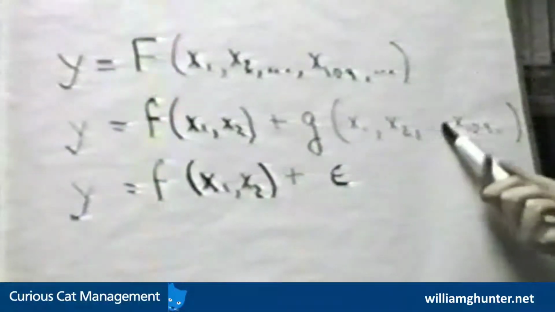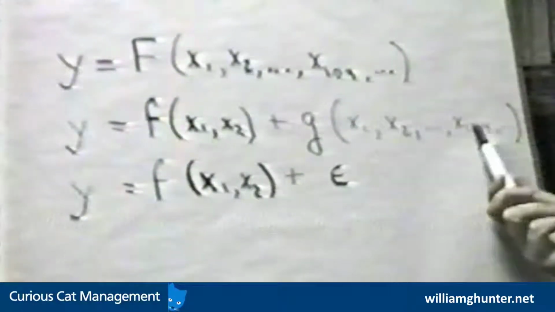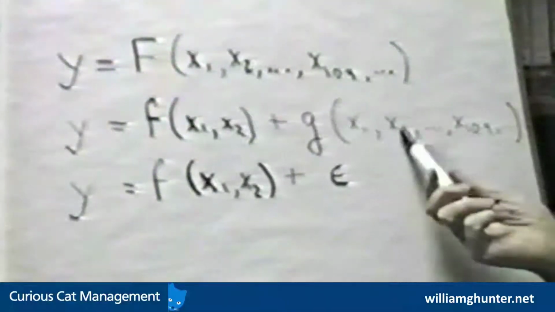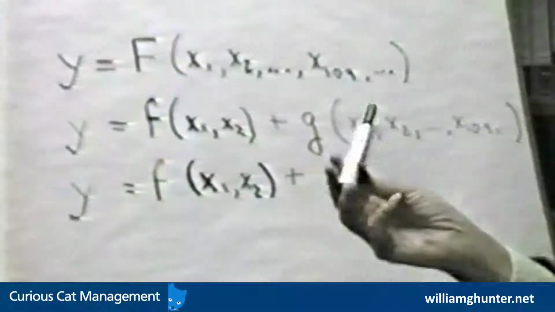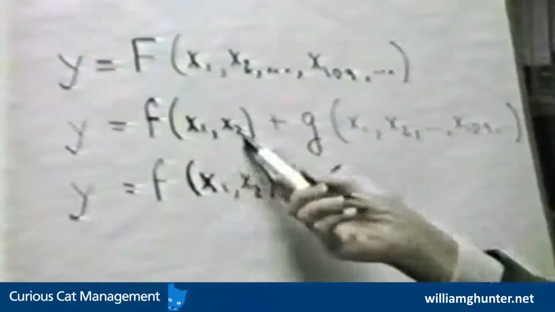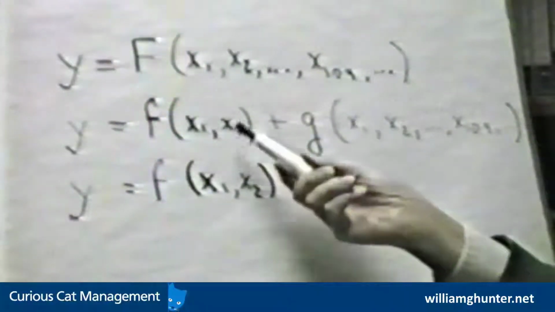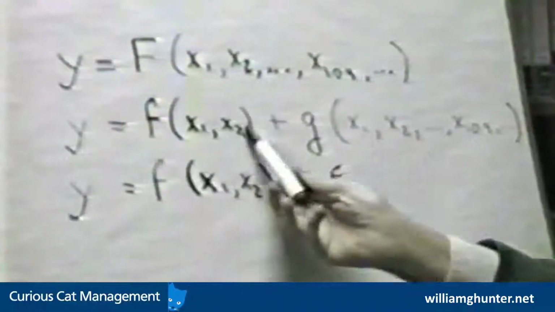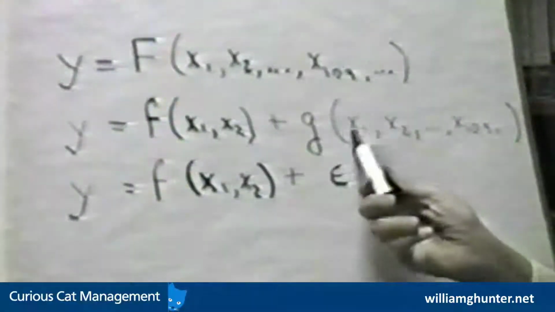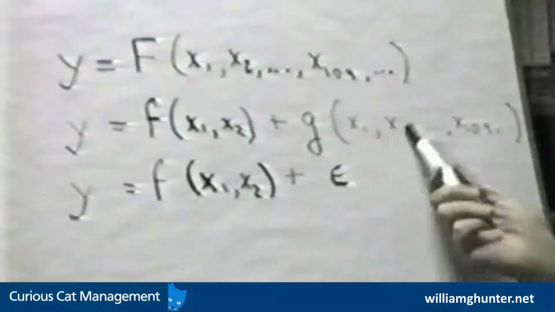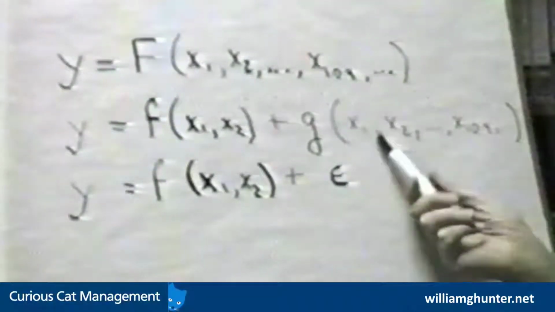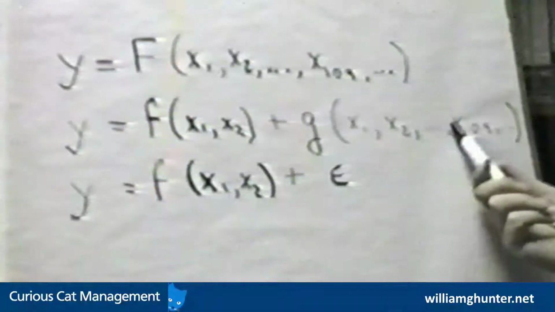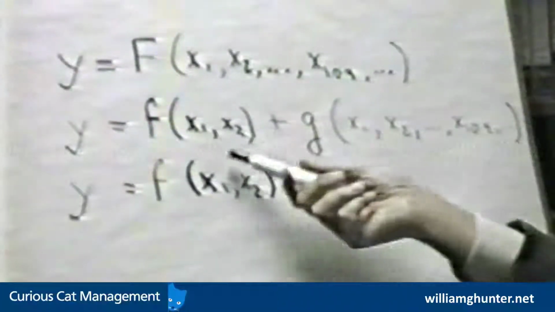And this is a function of all the x's again, including, by the way, x1 and x2. Because this model may be linear in x1 and x2, but the true relationship between x1 and x2 and y may not be linear, but may be nonlinear. So the nonlinearity part, if you will, is still left over in this piece. But then there are all these other x's that have just been ignored entirely over here.